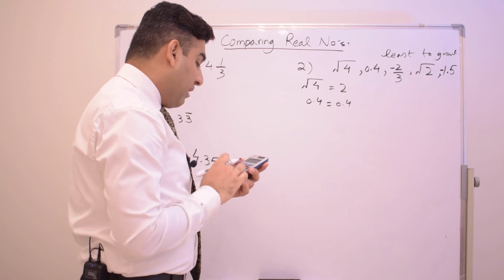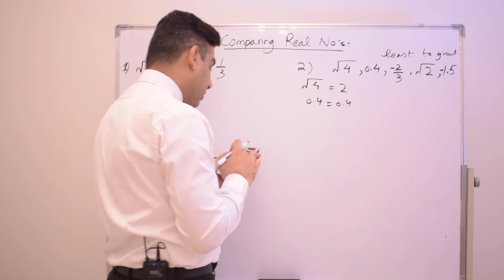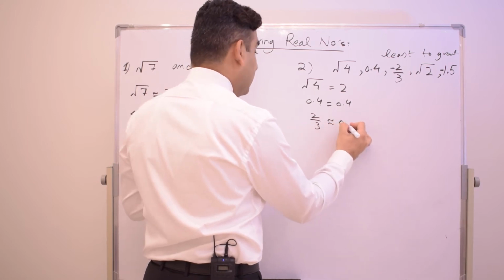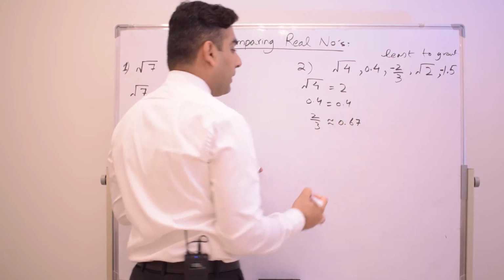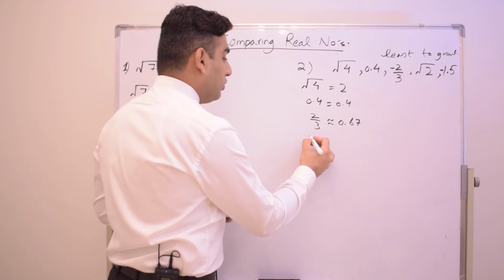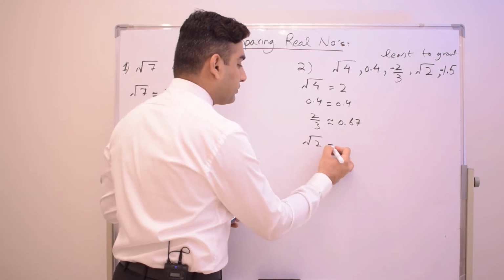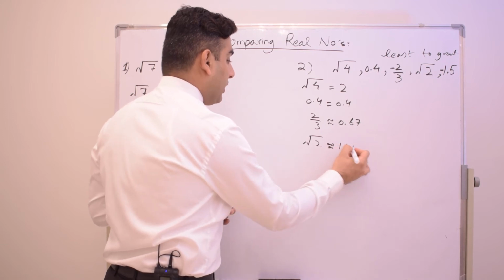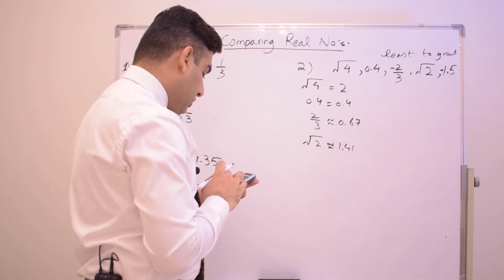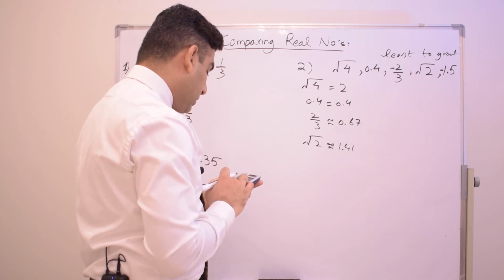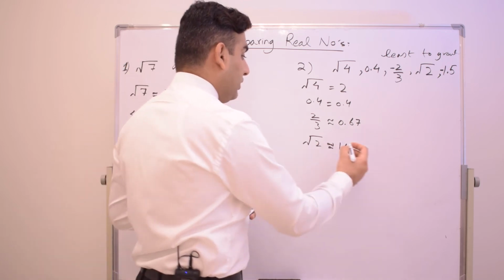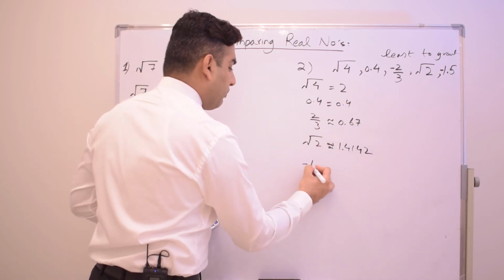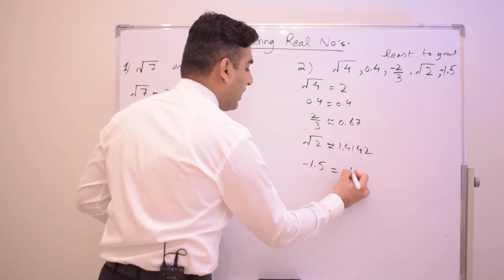Then 2 over 3, which I put in the fraction in my calculator, is approximately 0.67. Square root 2 is an irrational number, approximately 1.4142. Now minus 1.5 is already in decimal, so it is minus 1.5.